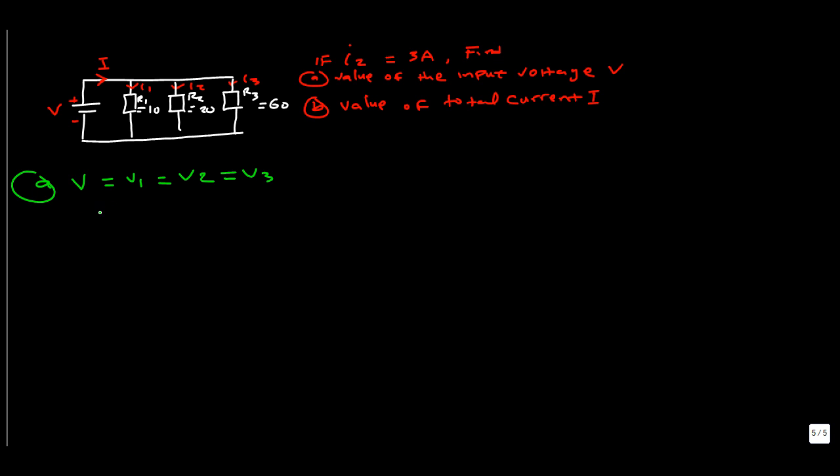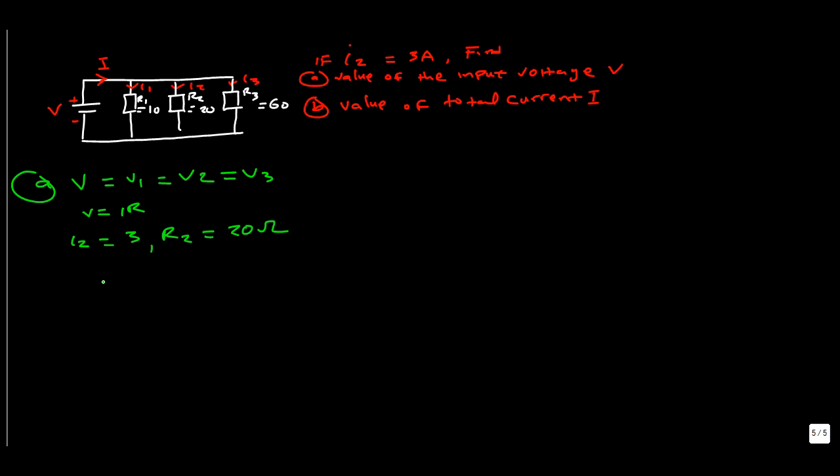To calculate the voltage, we can use Ohm's law. We know that V is equal to IR, and we have the current I2, which is 3, and R2, which is 20 ohms.